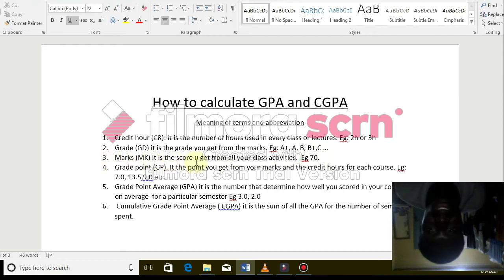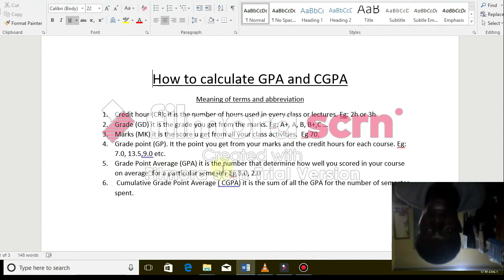So the marks is the score you get from all your class activities. So let's say in C++ you had 70, in mathematics or discrete math you had 80, and let's say in Infotech you had 60. So that is the marks we are talking about.